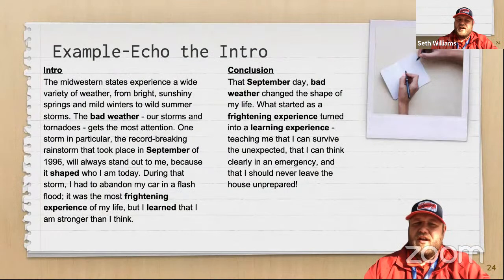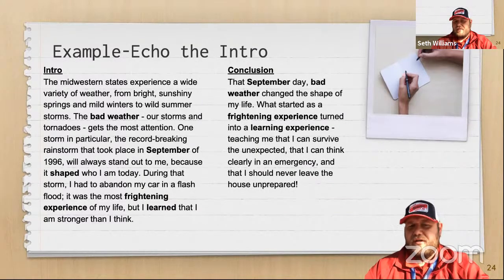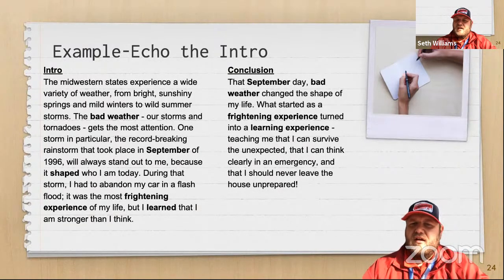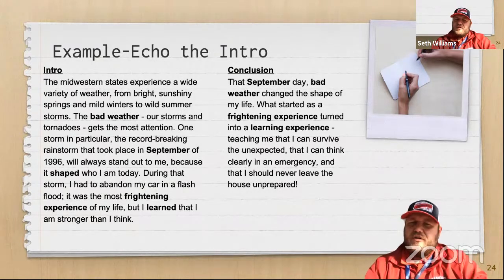An example of an echo the intro is from the inverted triangle that we talked about in the previous video about the bad weather, rainstorm of 1996, and how they learned from that frightening experience. If you notice, the bold words are pretty similar. They're not 100% exact, but they're similar enough to where they're basically the same thing. So here's the conclusion for echo the intro.